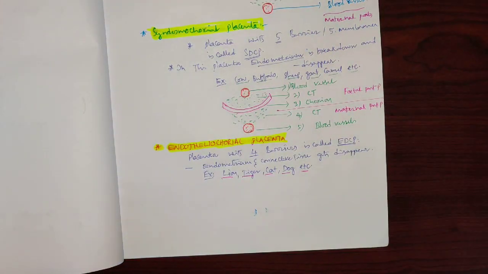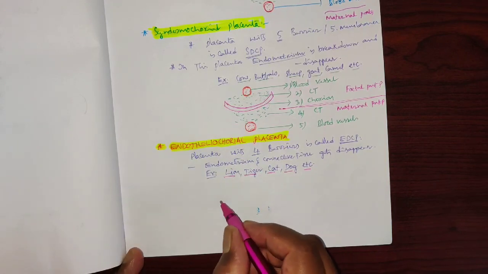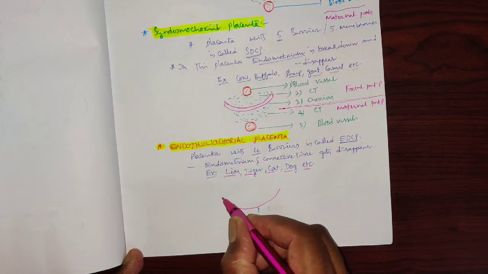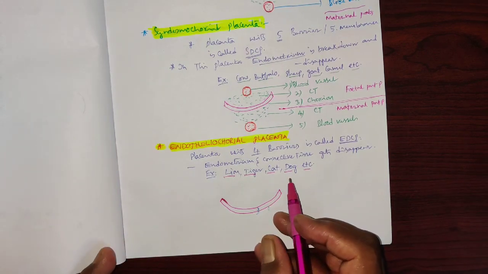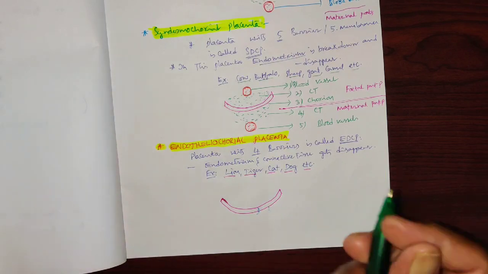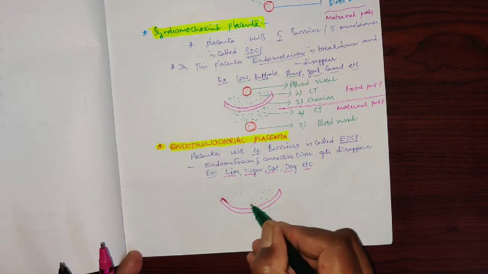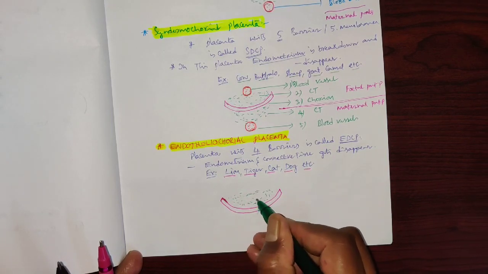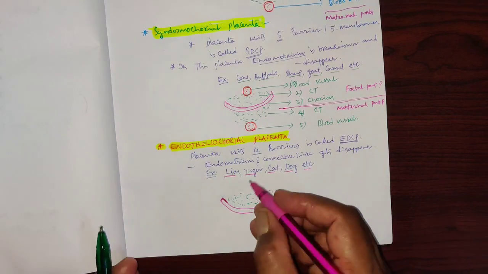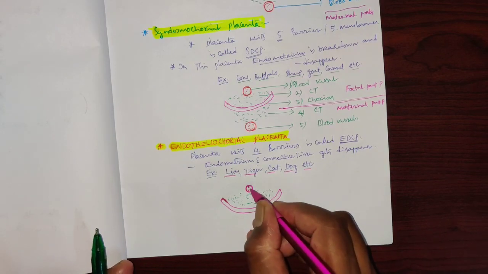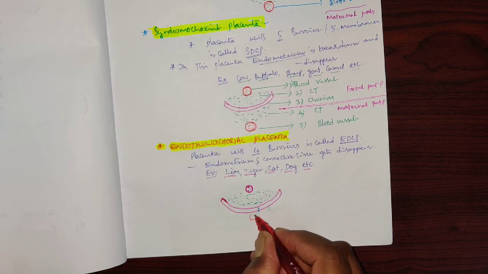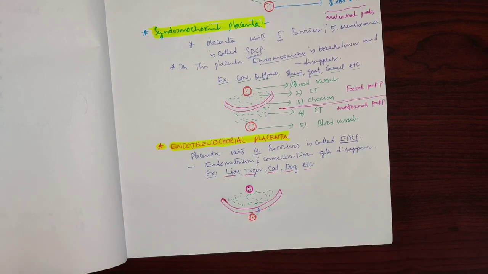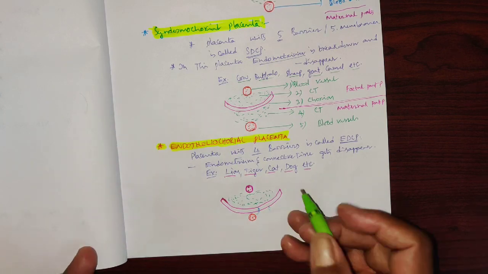Here this is chorion of fetal, connective tissue of fetal, and blood vessel of fetal, and blood vessel of maternal. So this type of placenta is called endotheliochorial.